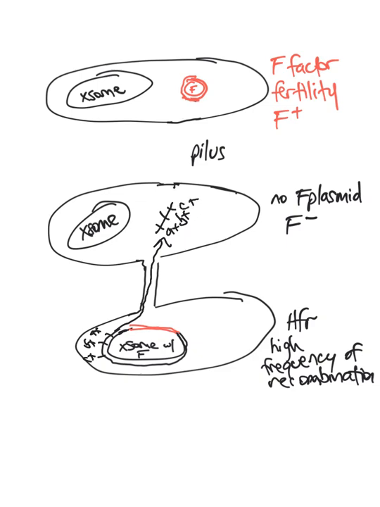Now maybe on this F minus chromosome, we would have the same genes, right? But we might have different alleles. So we might have A minus, B minus, and C minus, mutant versions of those three genes, okay?